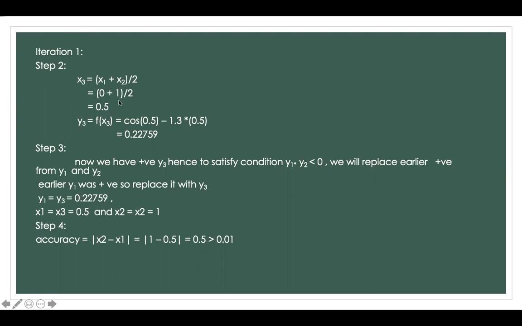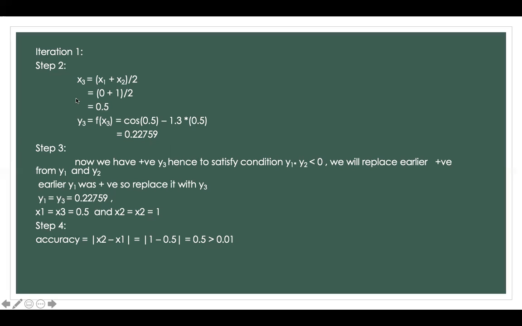Now we will calculate y3 for the x3 value: cos 0.5 minus 1.3 into 0.5. We got 0.22759, which is positive.